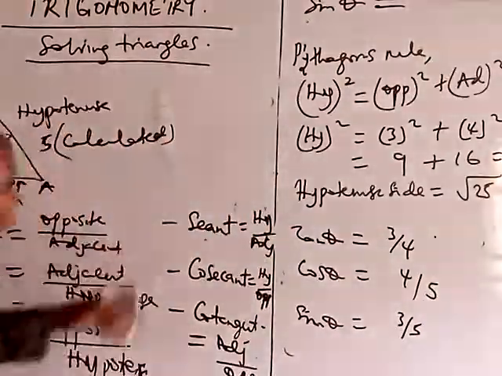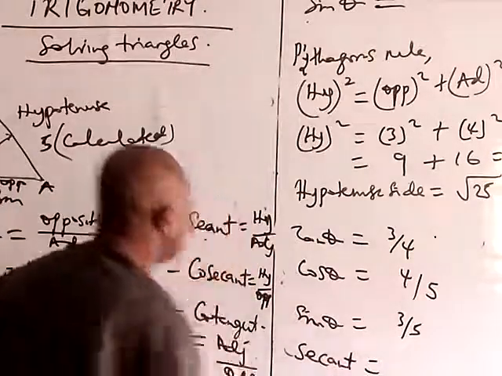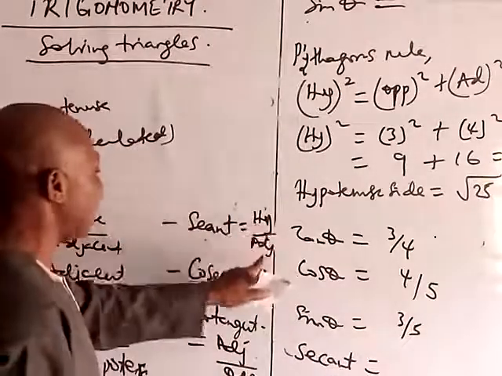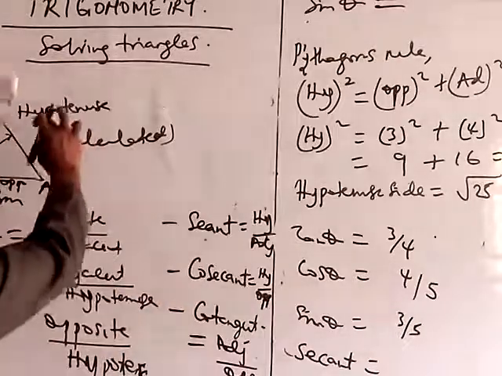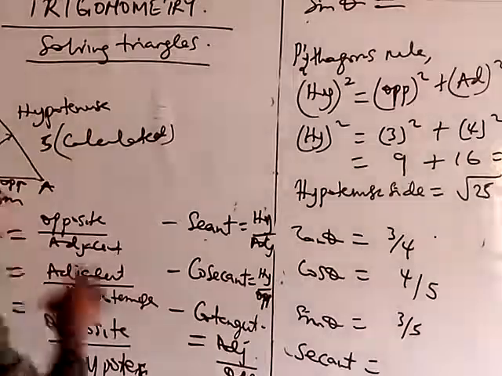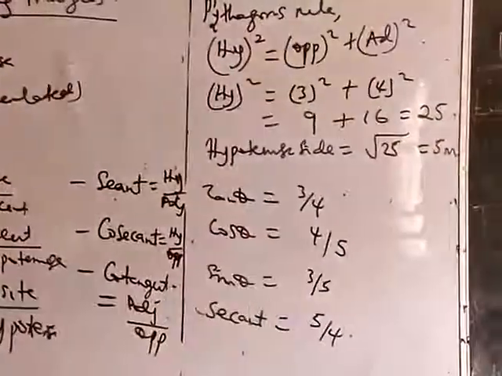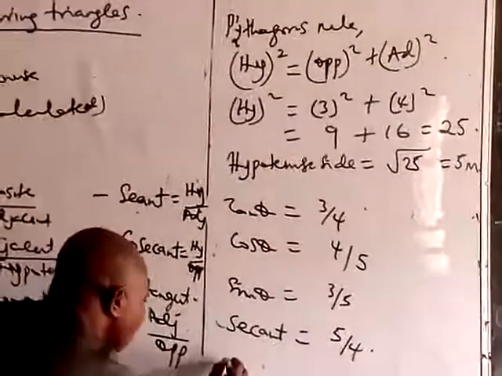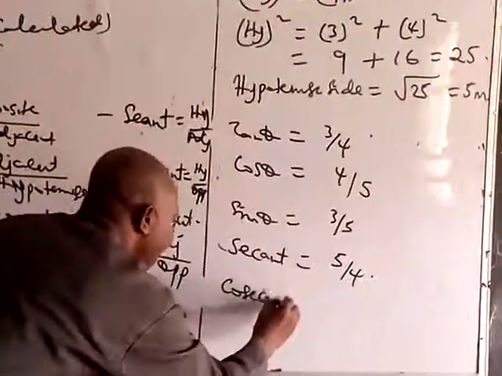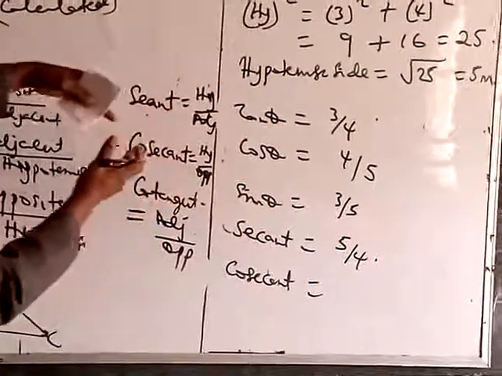Now the derived ones. Secant is hypotenuse side all over adjacent side. That's 5 all over 4. And the cosecant, which is one of the derived, is hypotenuse side all over opposite side.